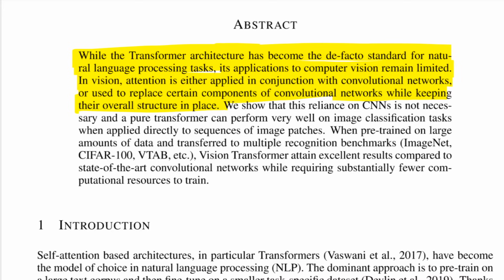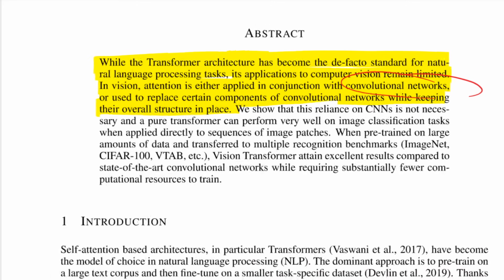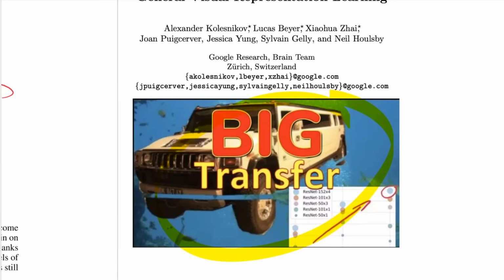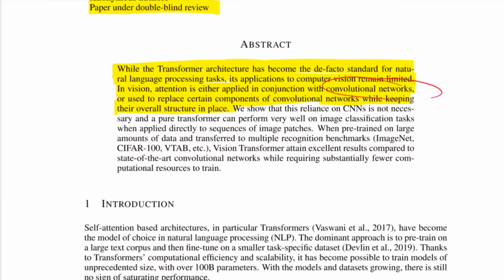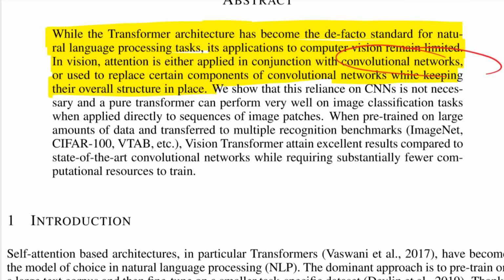In computer vision, convolutional networks have been so incredibly successful since AlexNet, and then of course ResNets being the major contributor there. I mean, even this Big Transfer paper right here, all it does is scale up ResNets and then feed in more data. So CNNs are extremely powerful in computer vision.